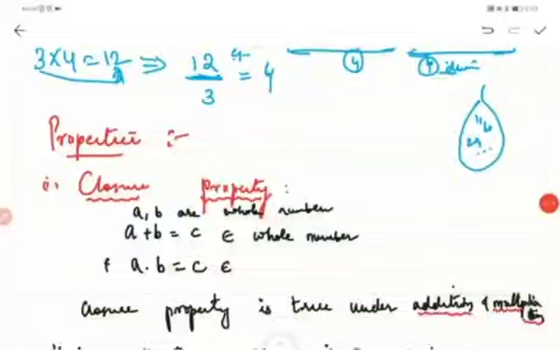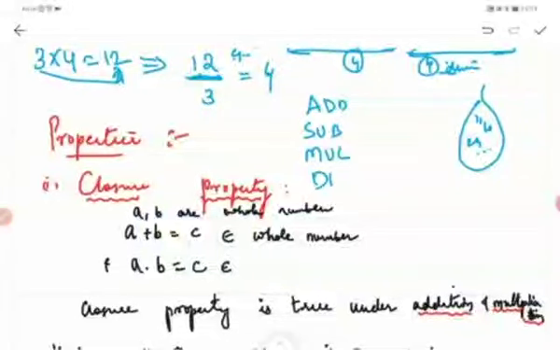See, basic operations, what do we have? We have addition, subtraction, multiplication and division.